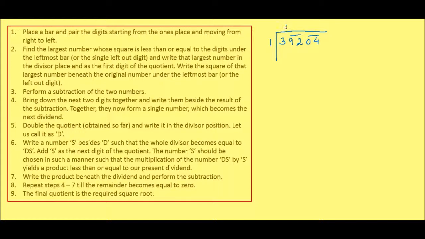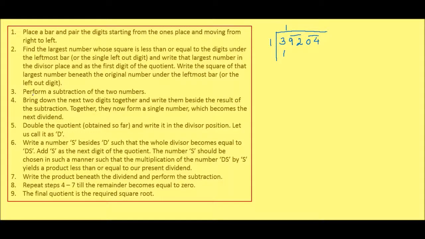So we write a 1 over here as well. Write the square of that largest number beneath the original number under the leftmost bar or the left out digit. In this case, it is the left out digit, that is 3. We will be writing the square of the largest number, that is 1, beneath 3. So 1 square is 1. We write a 1 over here.